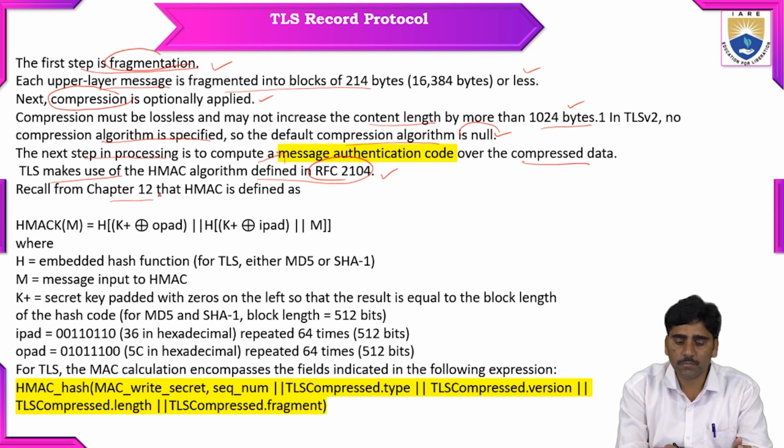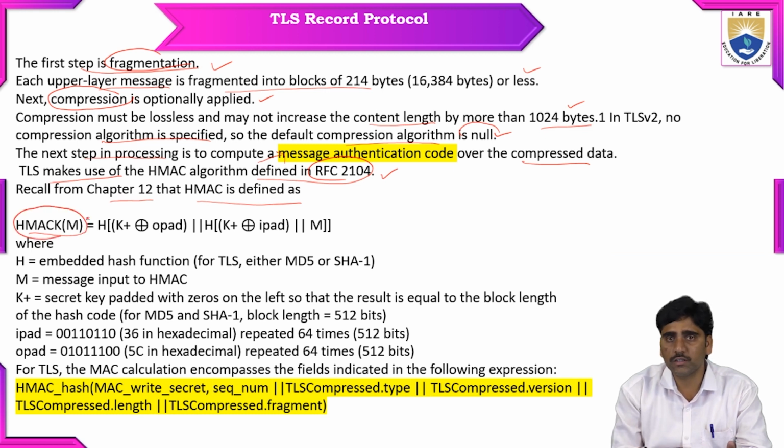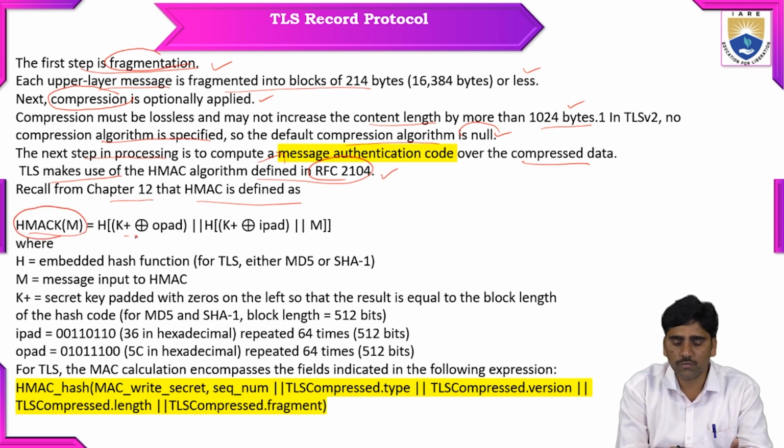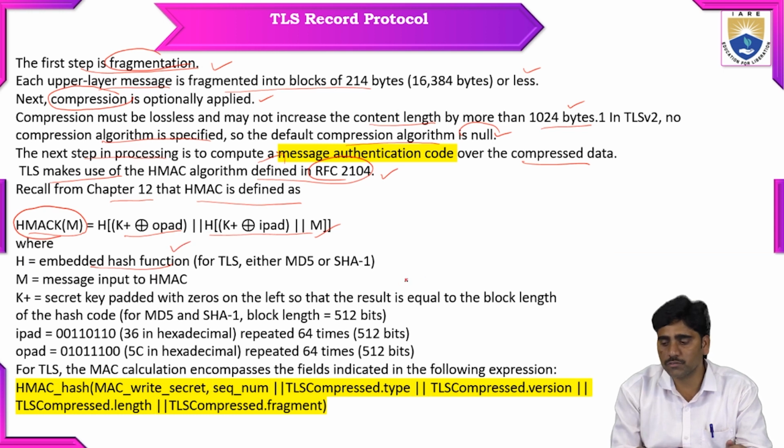Recall from chapter 12 that HMAC is defined as HMAC K of M equals H of K plus XOR opad, concatenated with H of K plus XOR ipad, concatenated with M. In this formula, H is the embedded hash function, which for TLS is either MD5 or SHA-1.